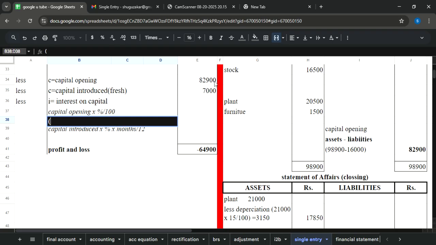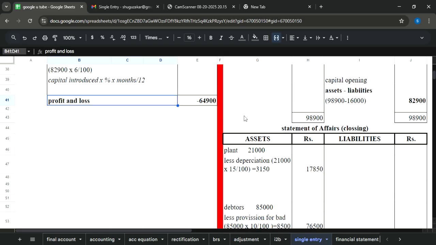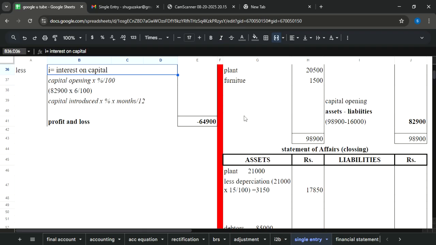Opening capital 82,900. Then we will multiply it with 6 divided by 100. How? Because 6% is given in our question, interest on capital 6%. Note it down, underline this, 6% is given in the question. So first interest was calculated.